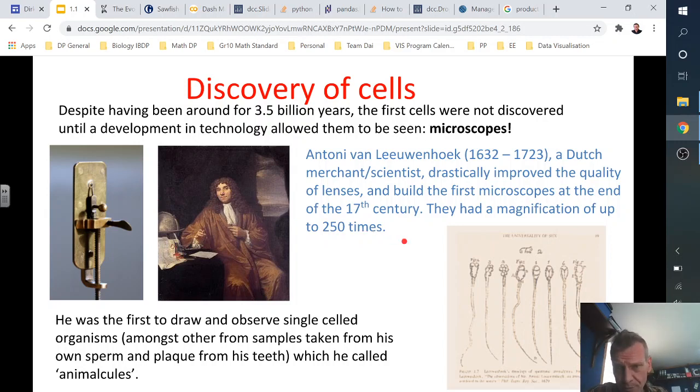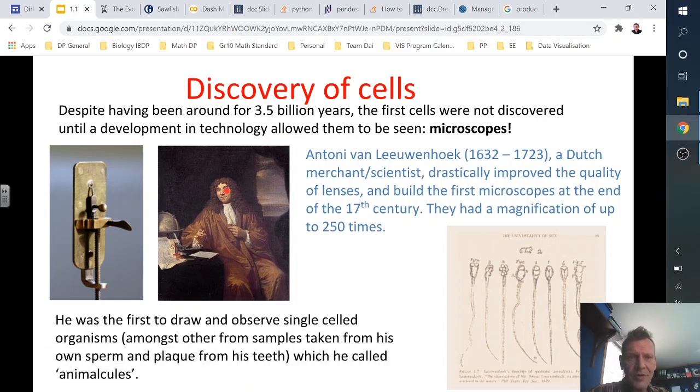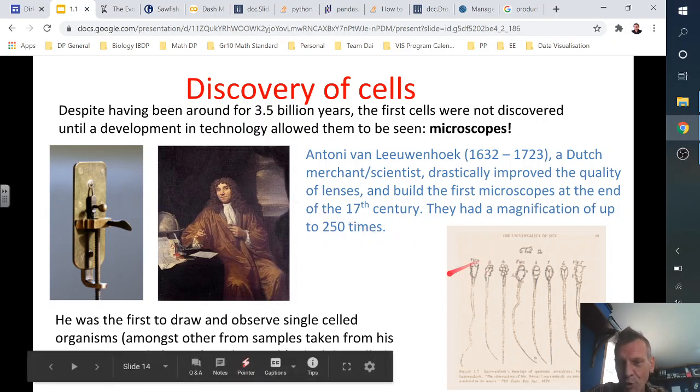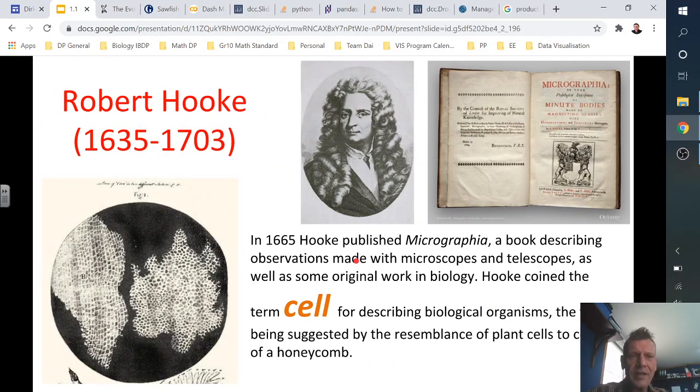And he made drawings there, and he sent those drawings to the Royal Society in London to say, I found something in the waters in Holland, because he took water samples from the lakes nearby his house. He sent those drawings to London to this fella here, Robert Hooke, and Robert Hooke was receiving letters from Leeuwenhoek.